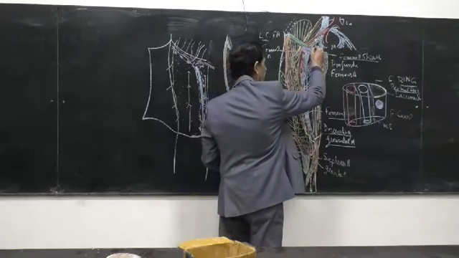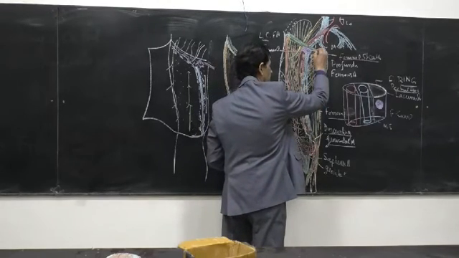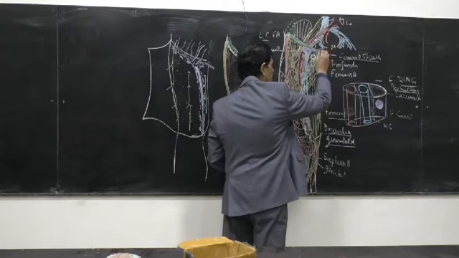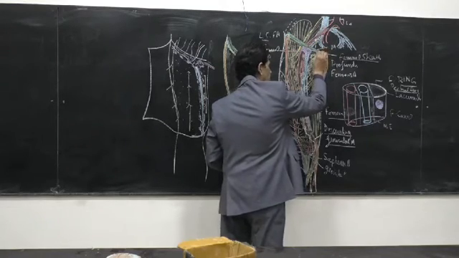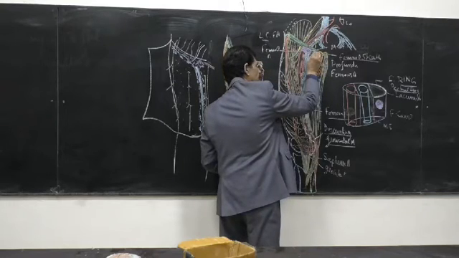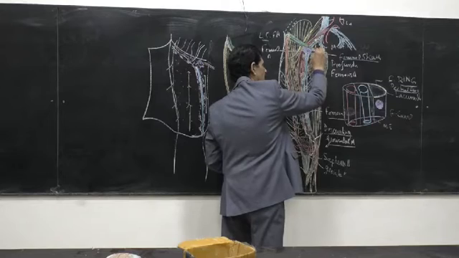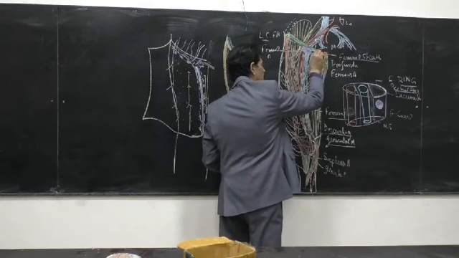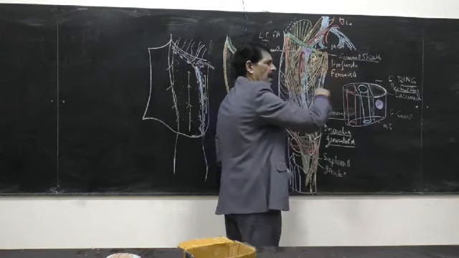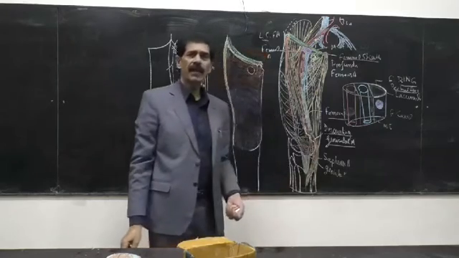As we know, the lacunar ligament is the lateral extension of the inguinal ligament. When the inguinal ligament is attached to the pubic tubercle, a few fibers of the inguinal ligament come laterally, and these aponeurotic fibers of the external oblique, lateral to the pubic tubercle, are attached to the pectineal line.